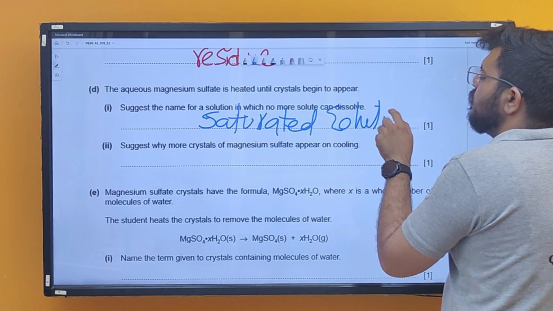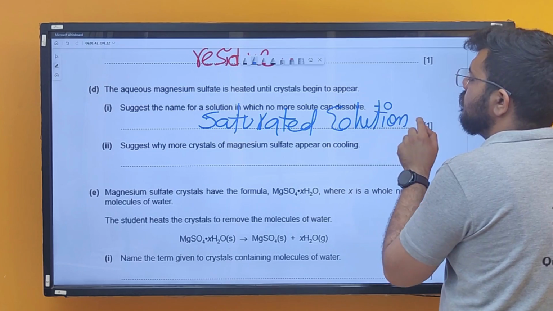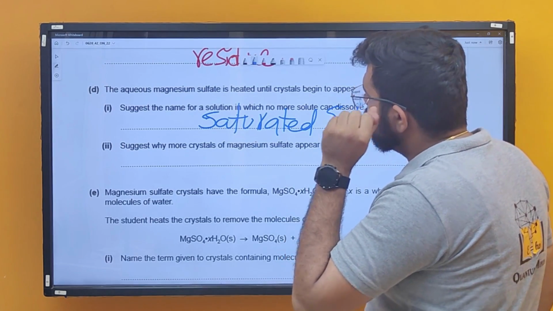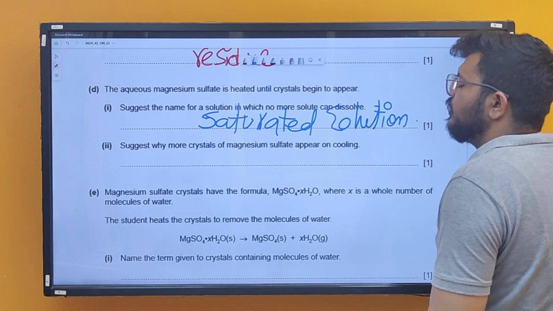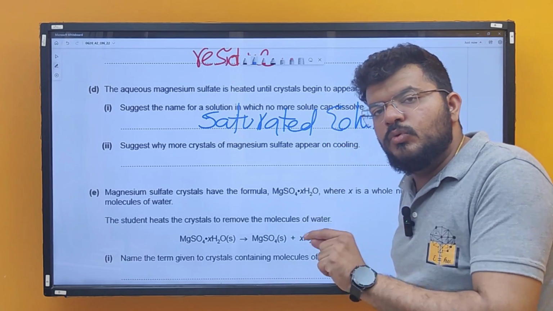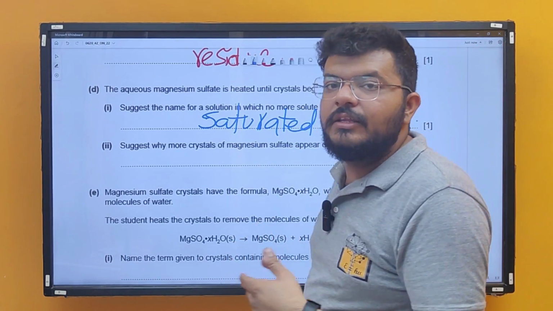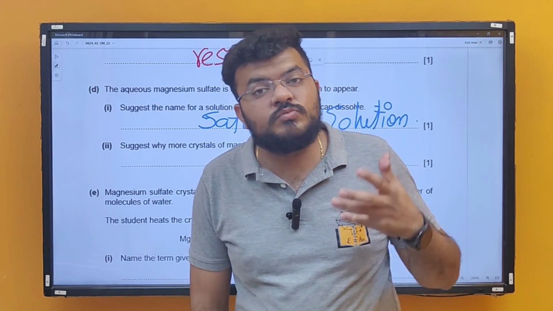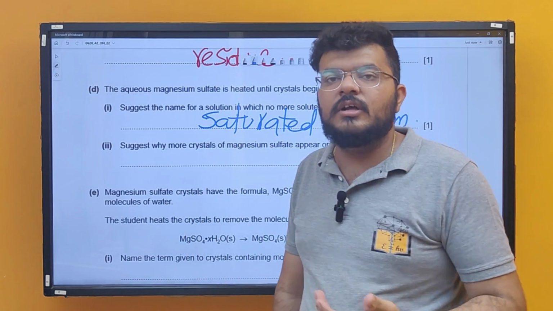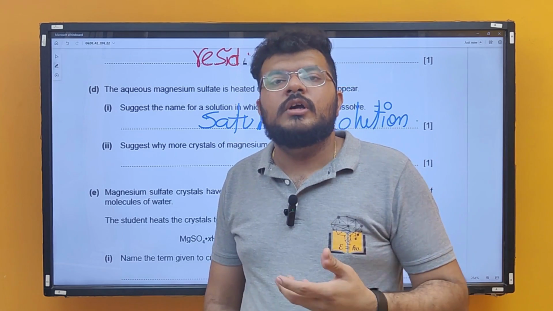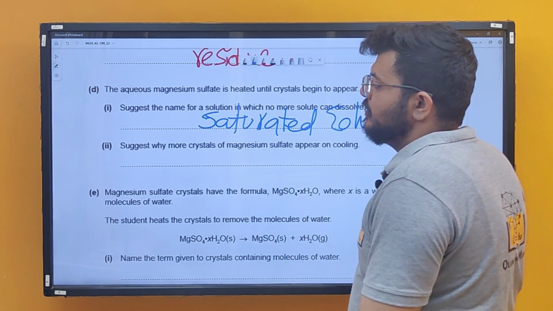Okay, then suggest why more crystals of magnesium sulfate appear on cooling. When you cool, right, the saturation increases, right? The solution becomes more saturated, super saturated, because if you cool, the solubility decreases.